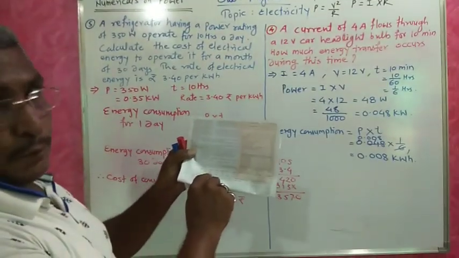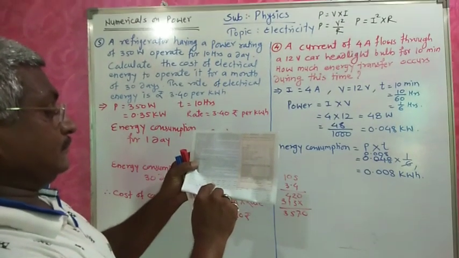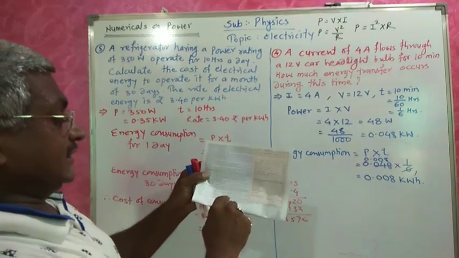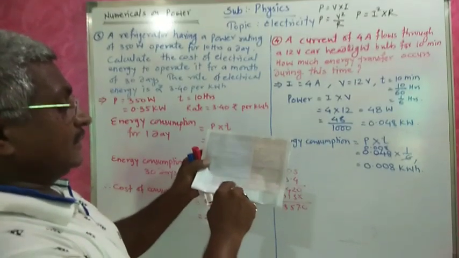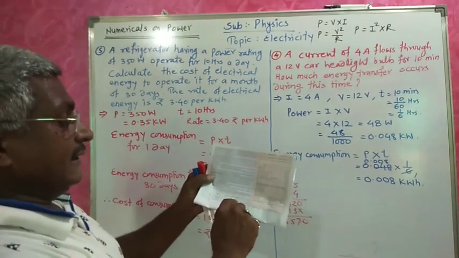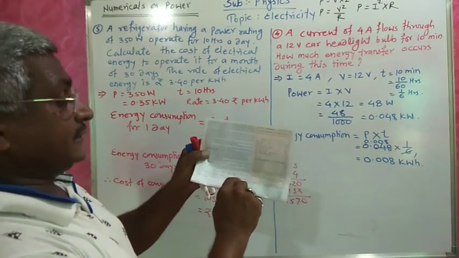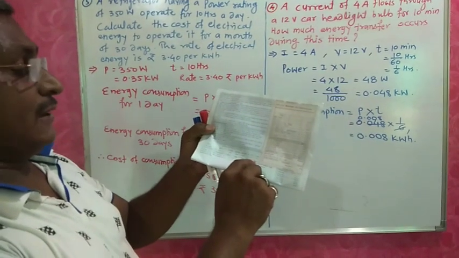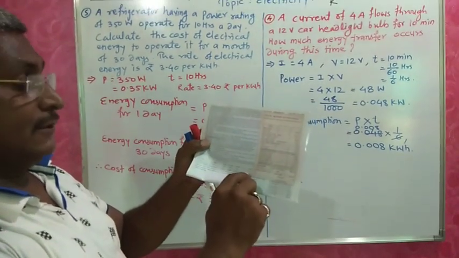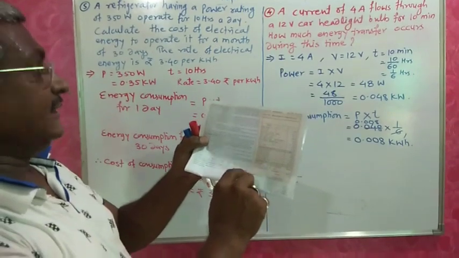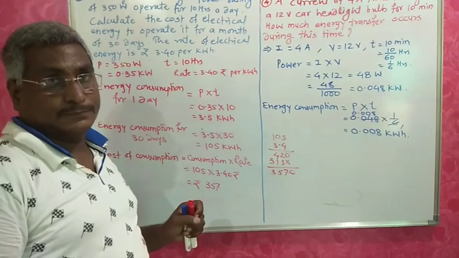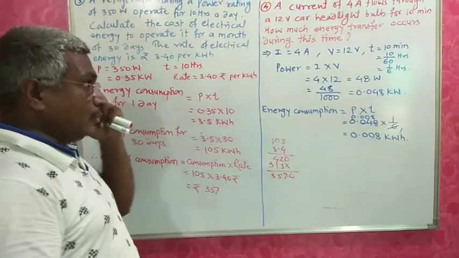So 0 to 100, what is it? 3.05 rupees. 101 to 300, 6.95 rupees. 301 to 500, 9.90 rupees. 501 to 1000, 11.50. This is the rate. So by using this rate, we can find out the cost of consumption. Understood, students? How to find out?